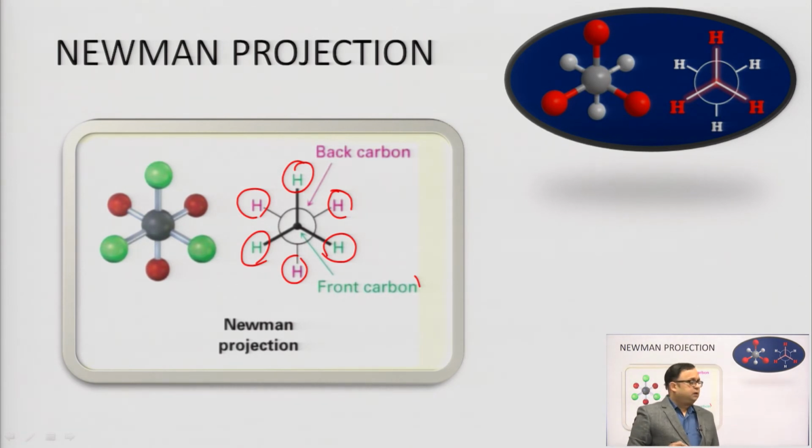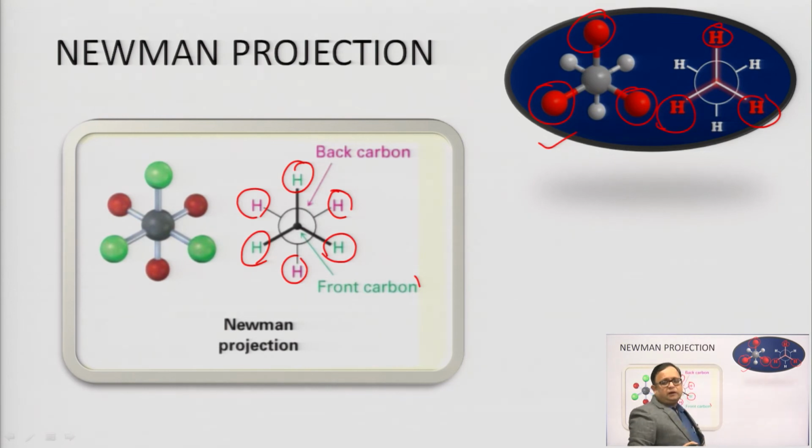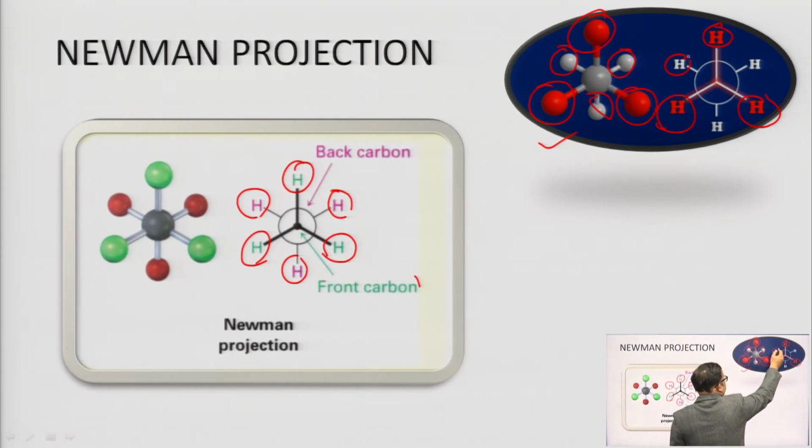Here is one more example. Here these hydrogens are red in color, so they are attached to the front carbon and are represented with red color. Similarly, the hydrogens that are attached to the rear carbon are represented with white color.